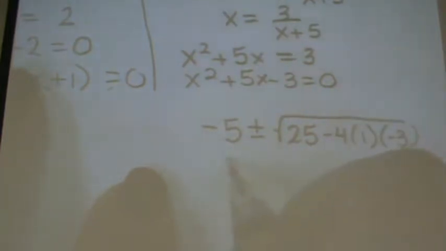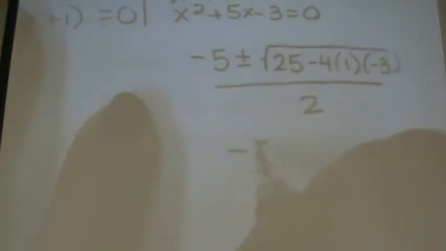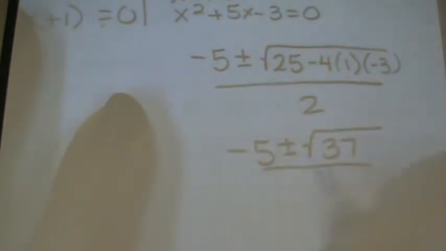I'm going to run out of room. So it's the opposite of b, so -5 plus or minus the square root of 25 minus 4 times 1 times -3, all over 2. So the only thing different about this one, it's going to be a -5. There's your two answers.